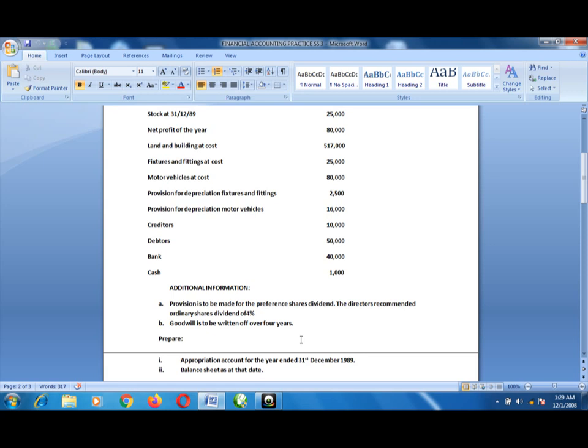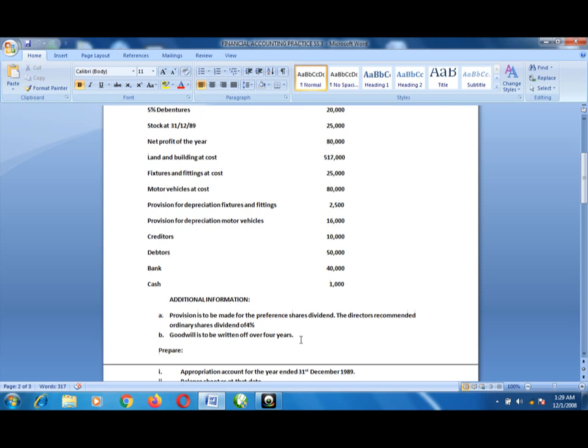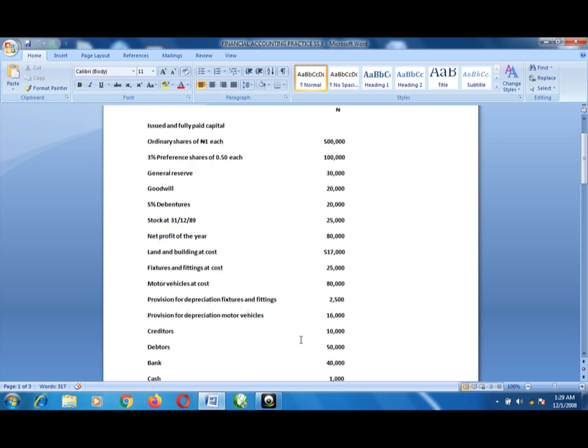And here you have 4% given to calculate the dividend for ordinary shares. You have 4% of the value of the issued share. And the value of the issued share, you have 500,000, and 4% of 500,000 will give us 20,000.